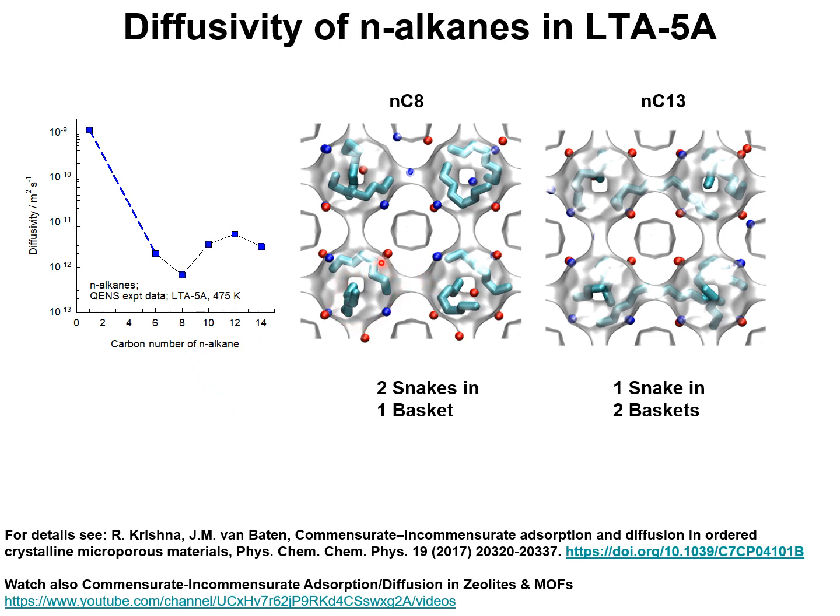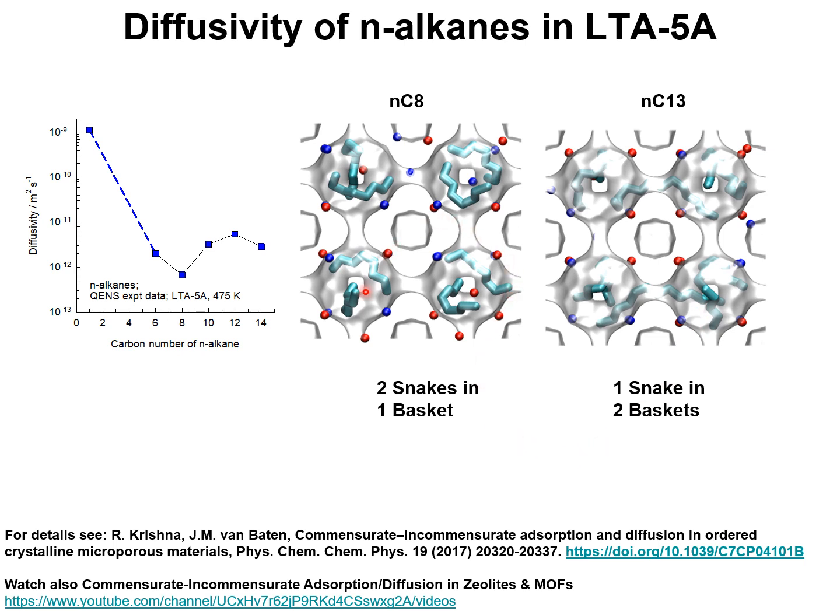So a cage volume is commensurate with the length of two snakes. In this case, for NC13, the length of the snake, which is NC13, is too long to accommodate within a single cage, and it divides itself between two cages.